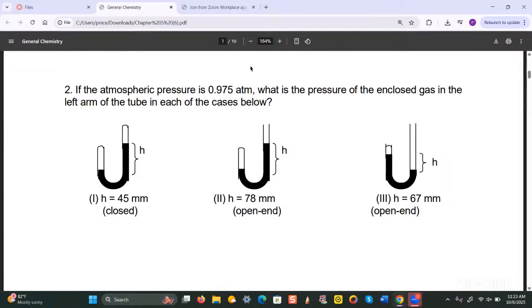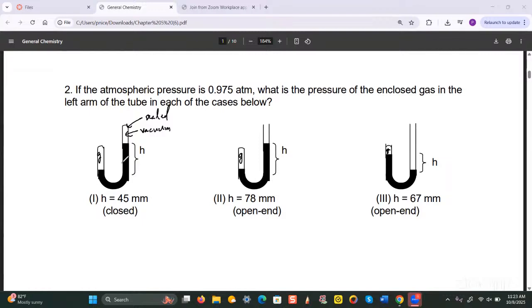So what they're saying is that in each of these cases, you have the gas trapped in the left side of the tube where it's enclosed, all right? Now, in this case, this end is sealed, so that's closed, which means that here you have a vacuum.